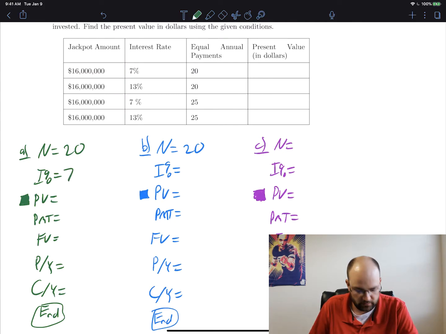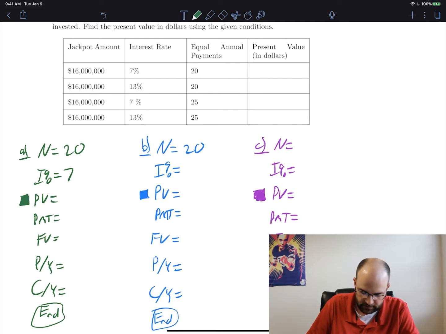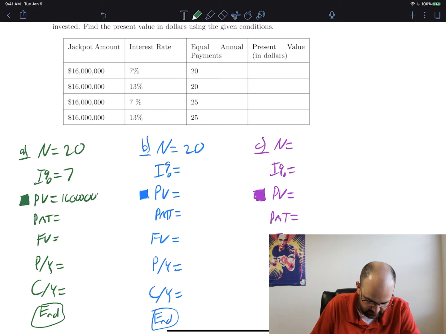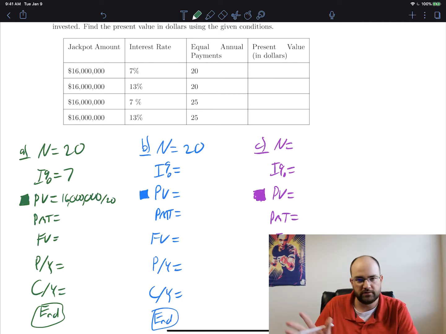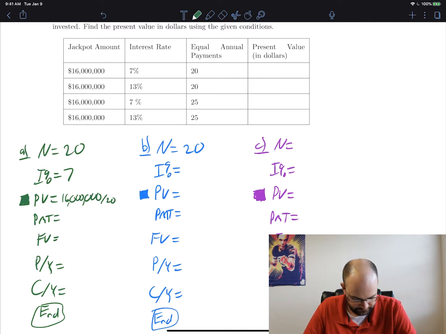Present value, I don't know, but the payments we do know. The payments are going to be the jackpot amount divided by the total number of payments. So it'd be 16 million divided by 20, which will give us something like 800,000.